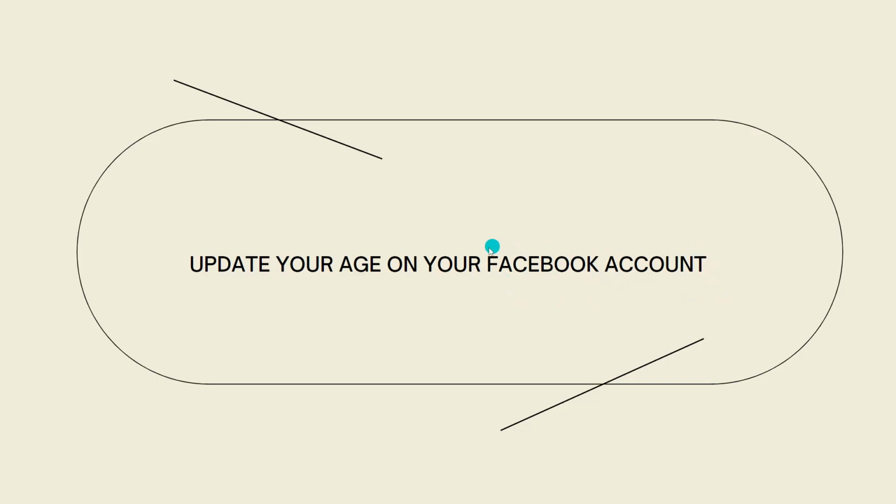After that, Tinder will verify that you are now above 18 years old, and you can go ahead and use Tinder on your mobile device. So these are the two methods to fix age restriction on Tinder.